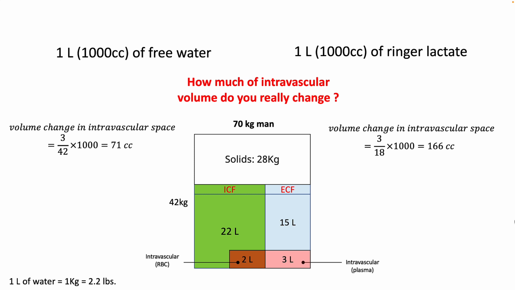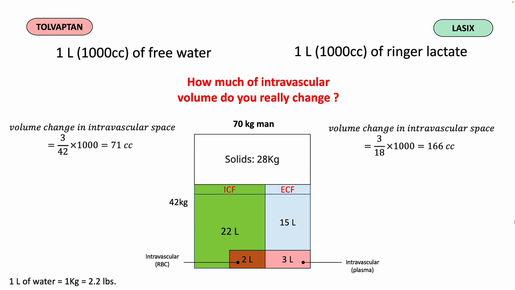However, when you lose isoosmolar fluid, you are losing mostly from the ECF because sodium is present only in the ECF compartment. So the volume change in intravascular space when you lose an isoosmolar volume would be the amount that is distributed in your intravascular compartment divided by your ECF. So you can see that the volume change in intravascular space is at least 3 times higher when you lose isoosmolar fluid than when you lose free water.